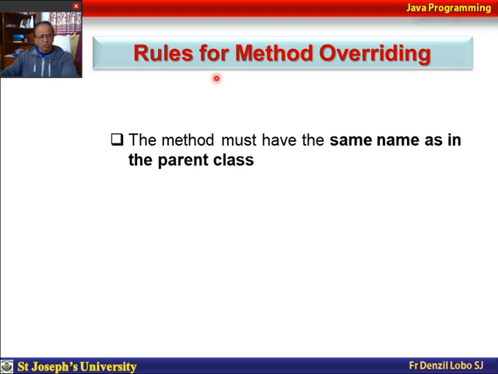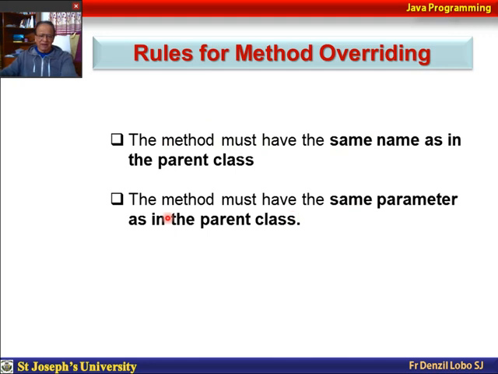So what are the rules for method overriding? The method must have the same name as in the parent class. So you've got the subclass and the parent class. Both the methods in the parent class and the subclass should have the same name. Secondly, the method must have the same parameters as the parent class. That is important.